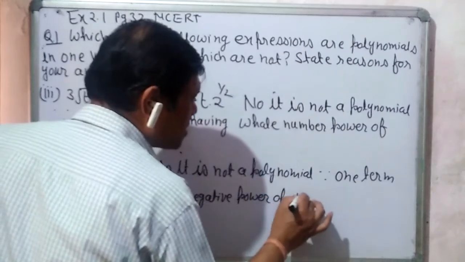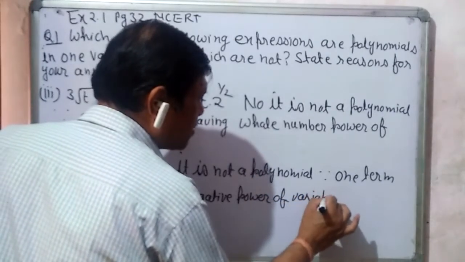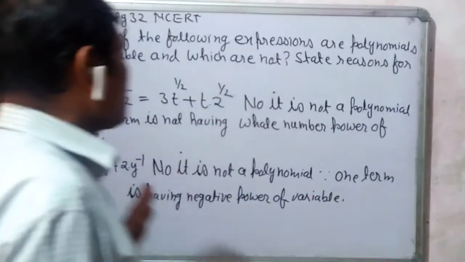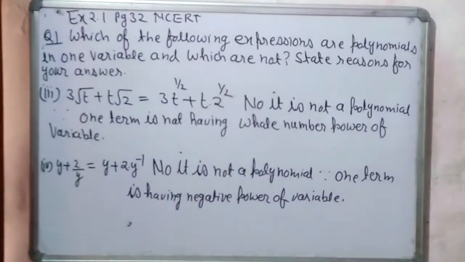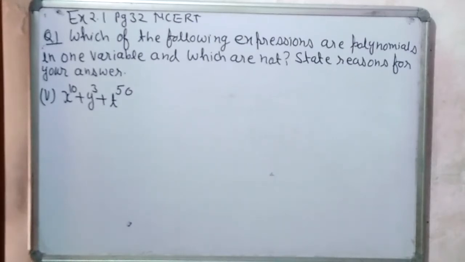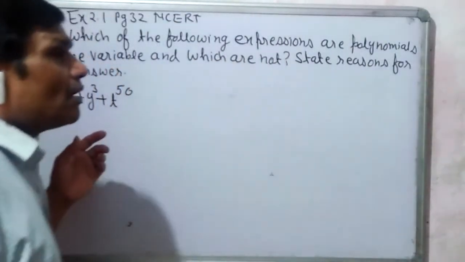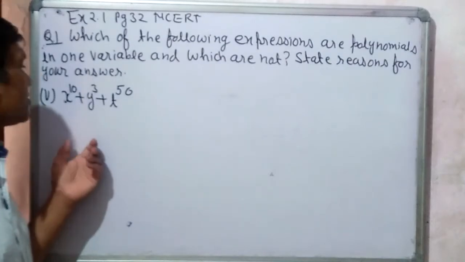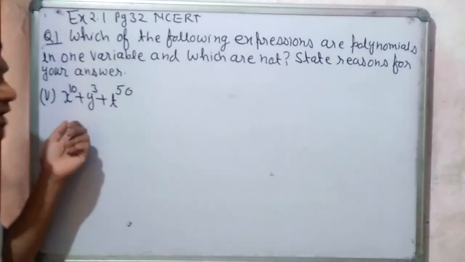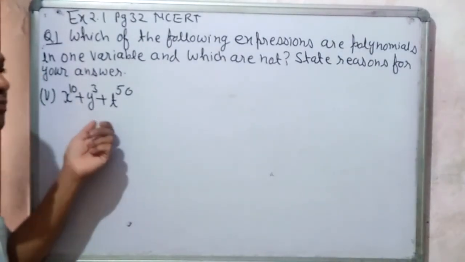Because the power is negative, it doesn't count in whole numbers, and therefore this expression cannot be termed a polynomial. Let us see the last part of it. What it is saying is, the expression given is x raised to the power 10 plus y raised to the power 3 plus t raised to the power 50.